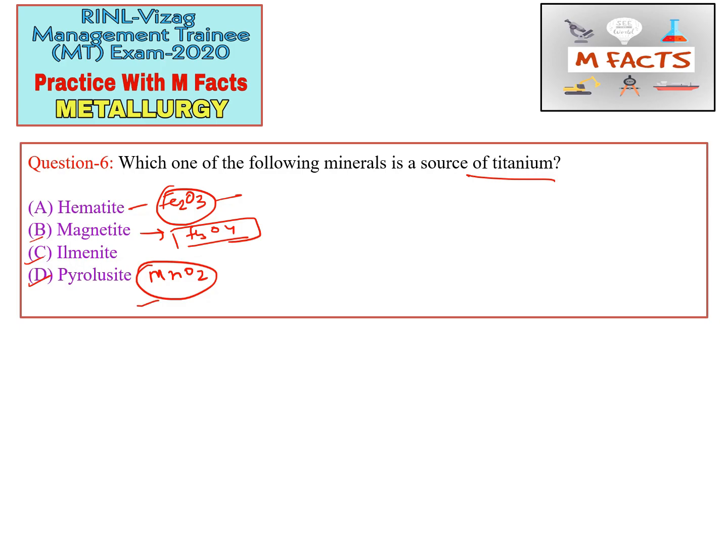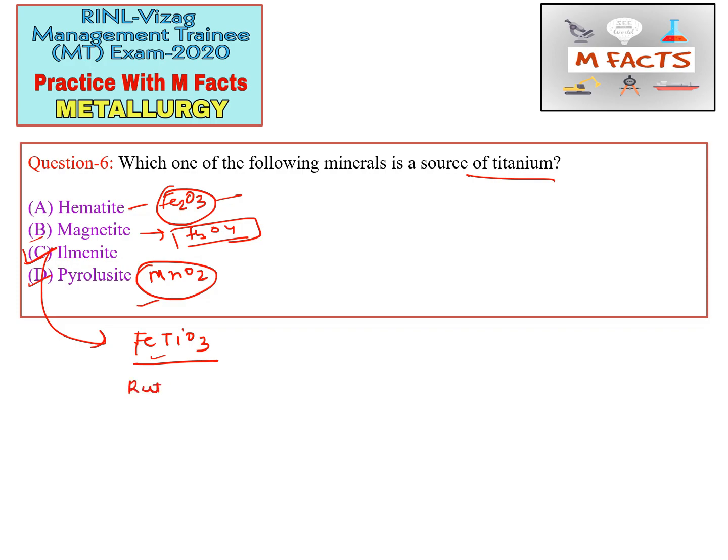So we can say ilmenite is correct for titanium. This is the titanium ore, and the formula for ilmenite is FeTiO3. It is basically an iron and titanium ore both, but it is a good ore for titanium.